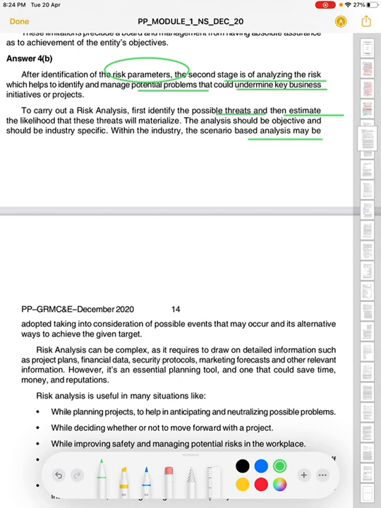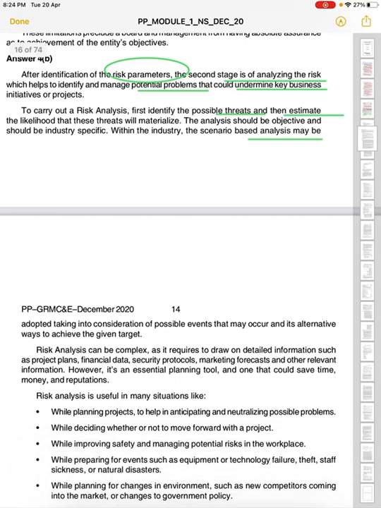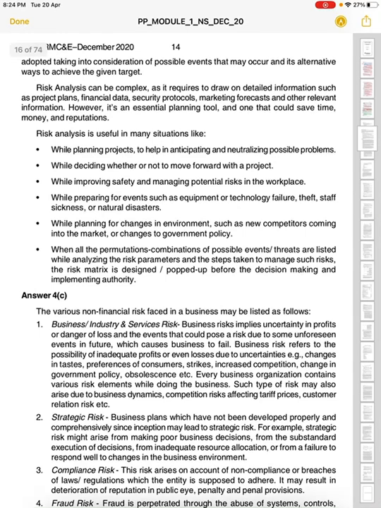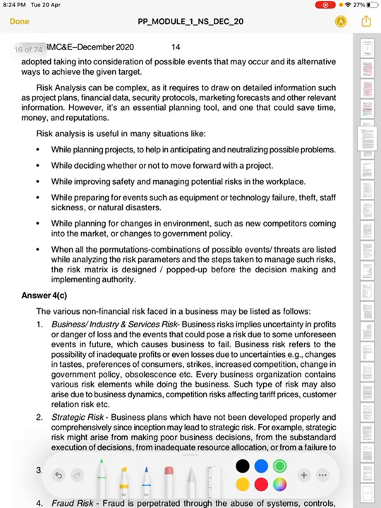Risk analysis can be complex as it requires drawing on detailed information such as project plans, financial data, security protocols, marketing forecasts and other relevant information. However, it is an essential planning tool. One could save time, money and reputation.